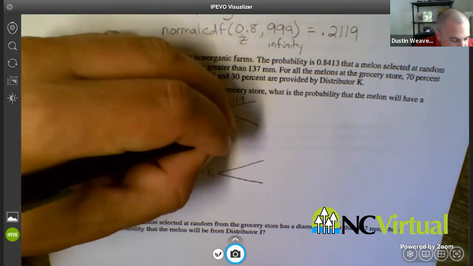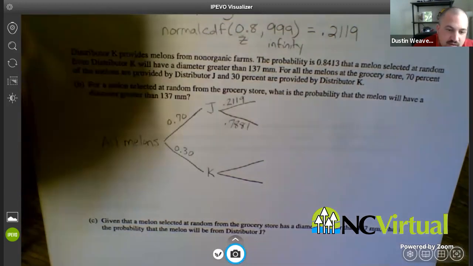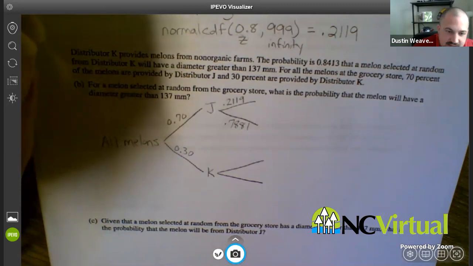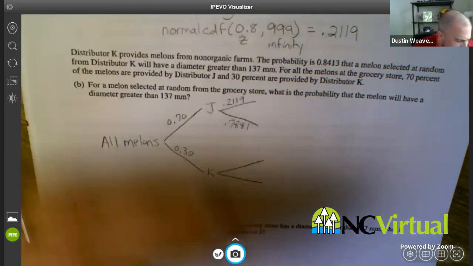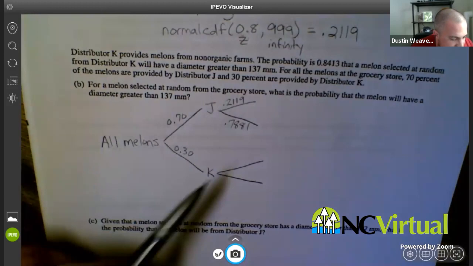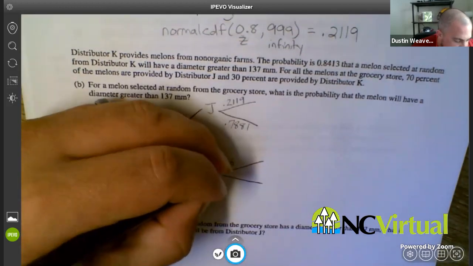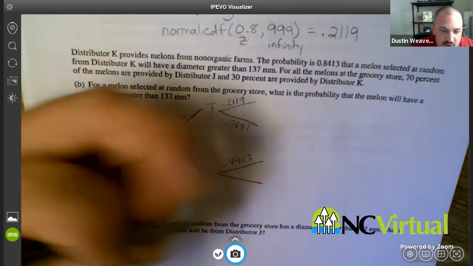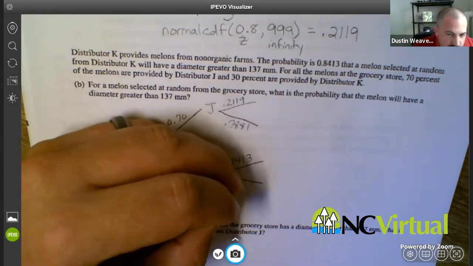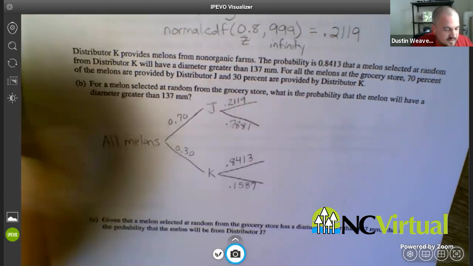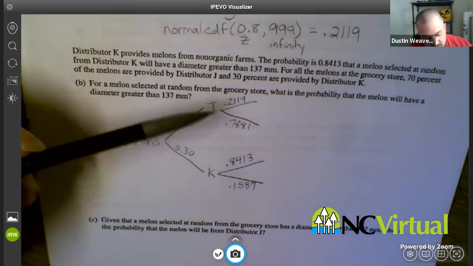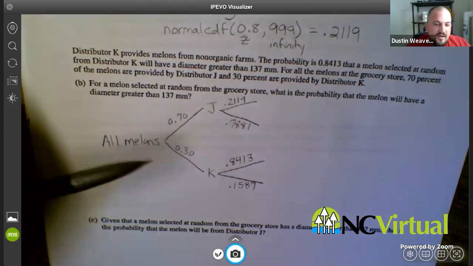That's 0.7881. Okay? The probability that it will have a diameter greater than 137 from K is 0.8413. So the probability that it won't is 0.1587. So if you notice, all these probabilities add up.